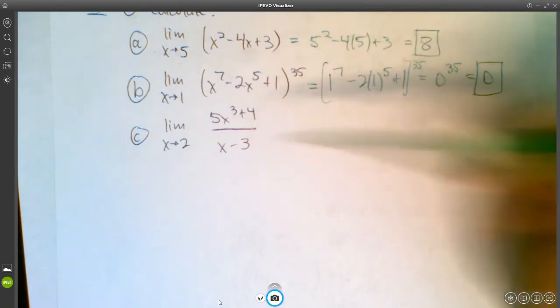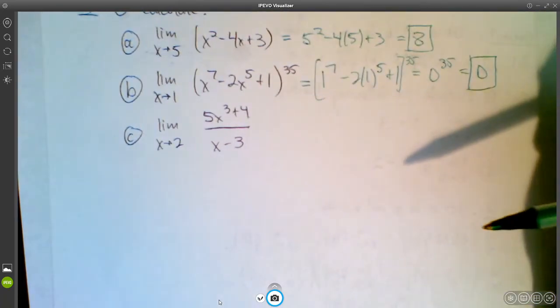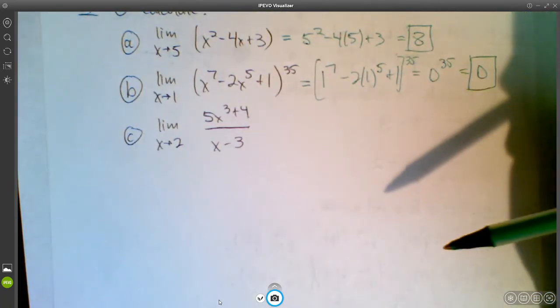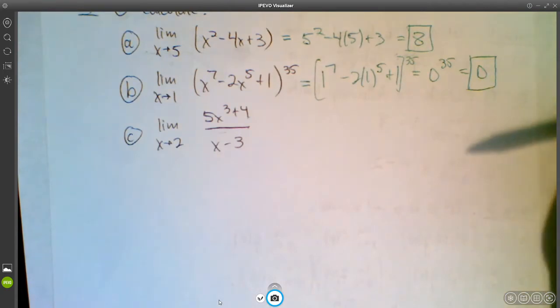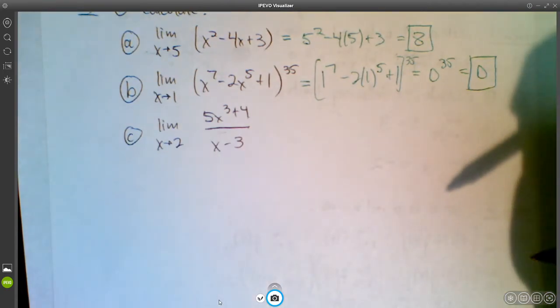And the numerator and denominator both happen to be polynomials. So in other words, you can calculate this limit by just plugging in 2 for x as well, provided that when you plug in 2 you don't get 0 in the denominator, which I don't think you do in this case. So give this a pause, see what you get.